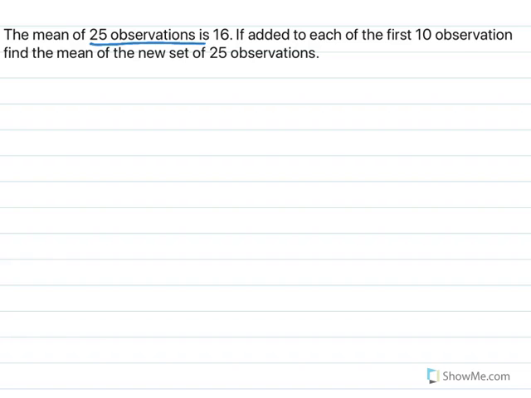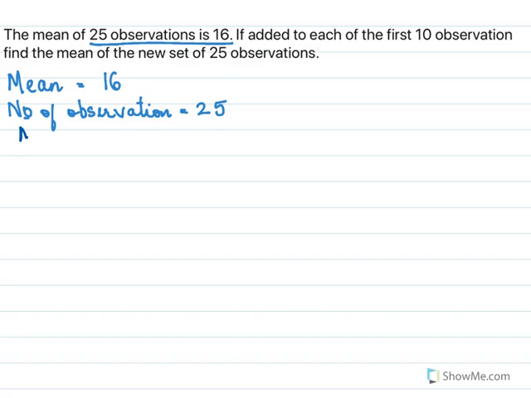The mean of 25 observations is 16. So here we have mean equal to 16. Number of observations is 25. So we know mean equal to sum over number of observations.